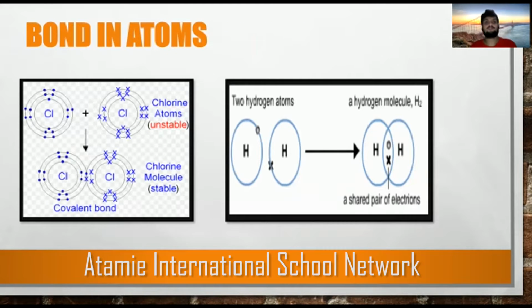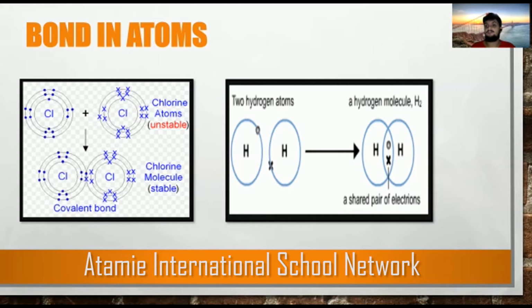First we'll look at the bonds in atoms. There are certain elements in the periodic table which we refer to as diatomic molecules. For example, chlorine, fluorine, all the group 7 elements, then oxygen, nitrogen, hydrogen.